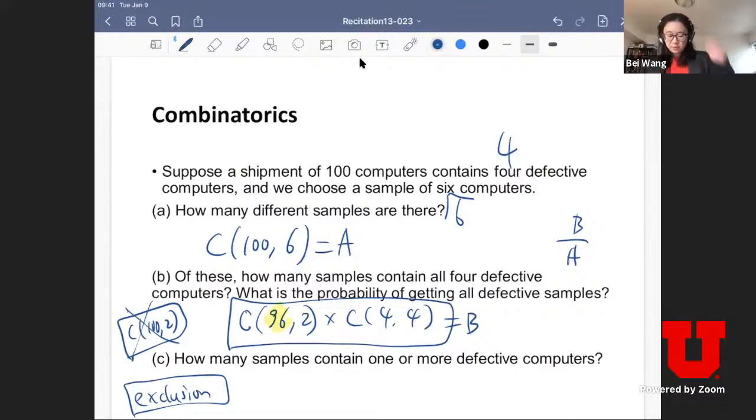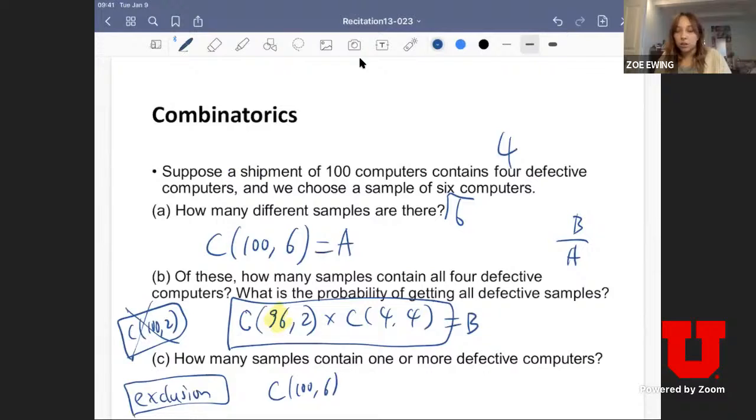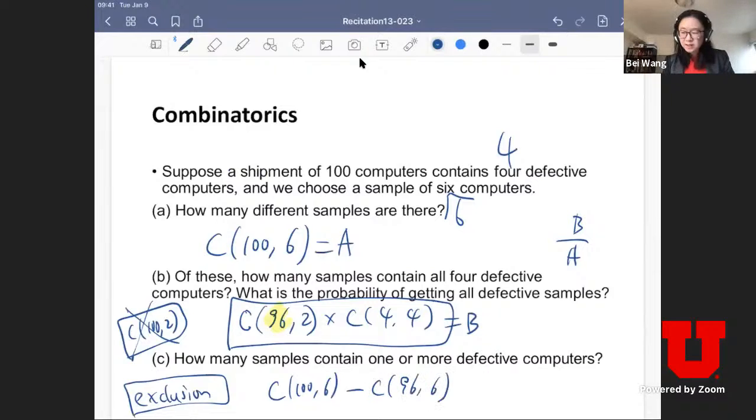In the chat, Sam said 100 choose 6 subtract 96 choose 6. Perfect. That's exactly the answer. The first term is all the possible samples. The second term is the samples that do not contain any defective computer, because I'm only choosing among the 96 good ones. So using the exclusion principle, the subtraction is my final answer.